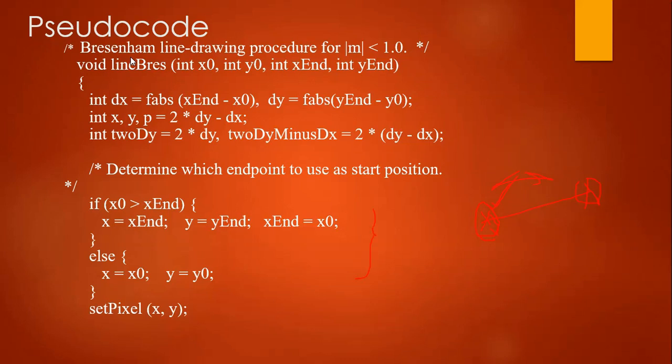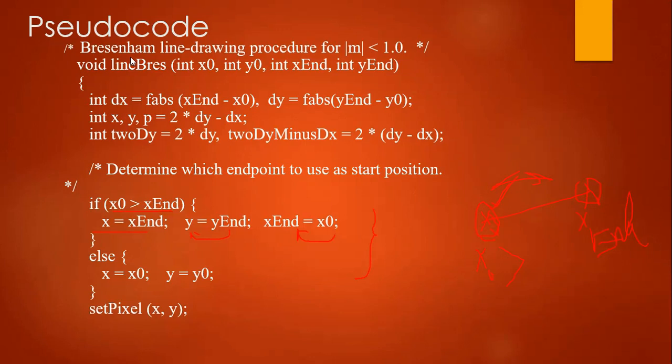Suppose x naught is greater than x end. You have x naught here and x end at the other end. So if x naught is greater than x end, then x end you have to initialize to x and y end initialize to y, and x naught you have to initialize to x end.